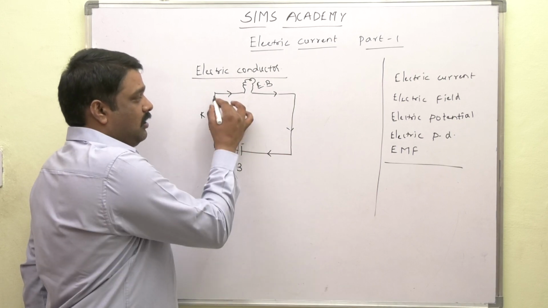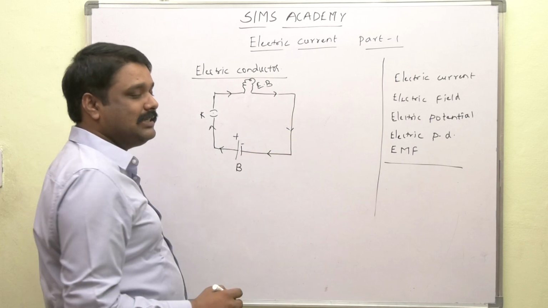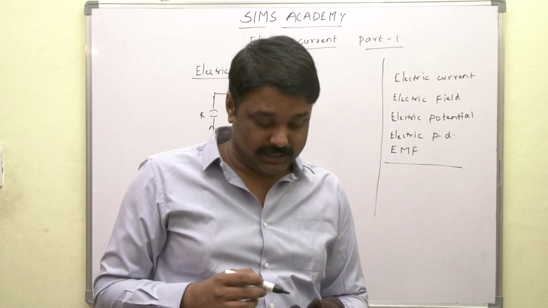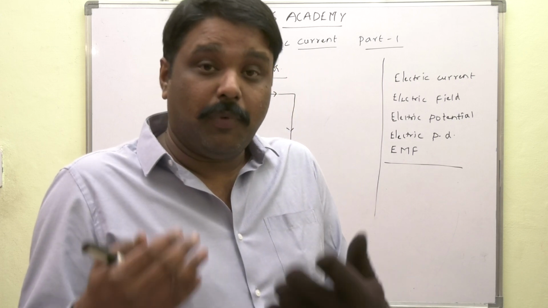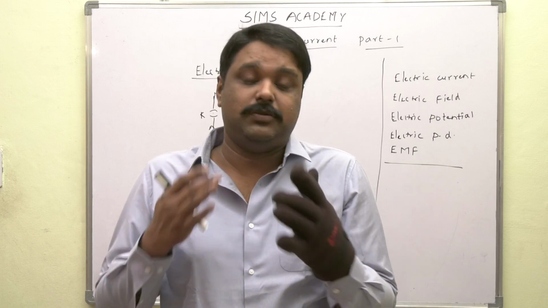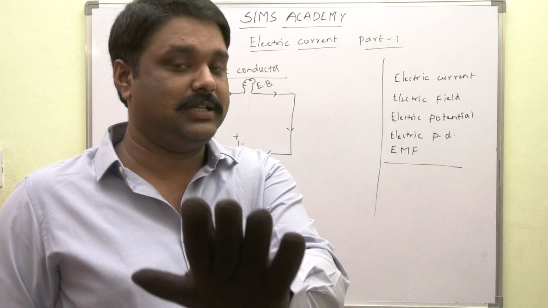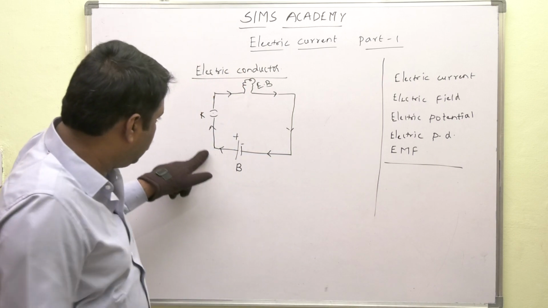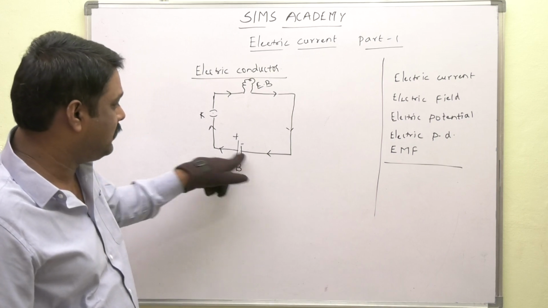That means we consider the direction of positive charges as the direction of conventional current. In our daily life, we consider positive charges as the direction of electric current but not electrons. We speak about electrons, but we consider the direction of positive charge always. Hence, this is the direction of electric current.